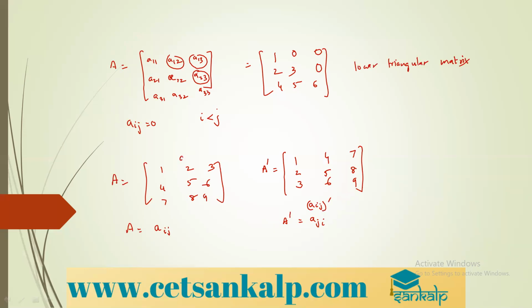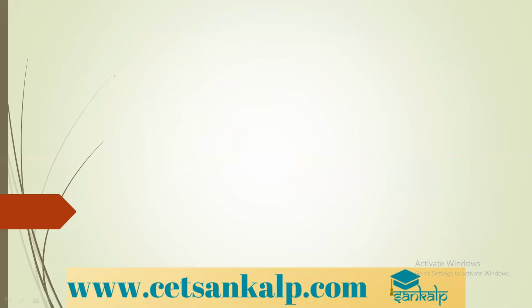For example, the element in the first row second column will become the second row first column. Then the element in the second row third column will become the third row second column. This is what happens in A transpose.